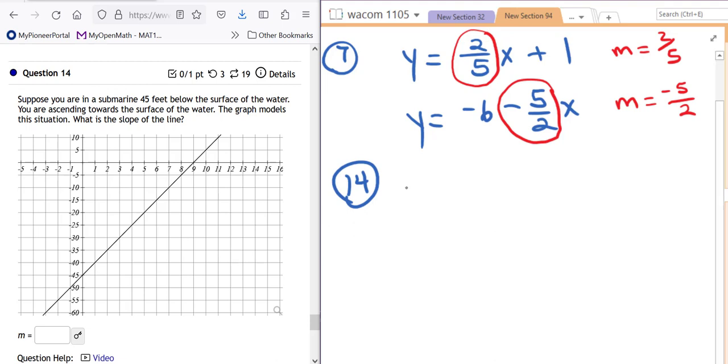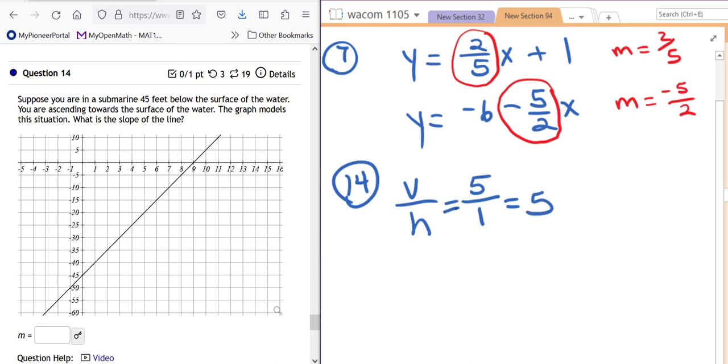So our vertical change was up 5. So we don't care that it's in the negatives. We cared how much we moved. We moved up. So we moved up 5. So that's positive. And then the other scale is 1, up 5/1. So our slope is 5.